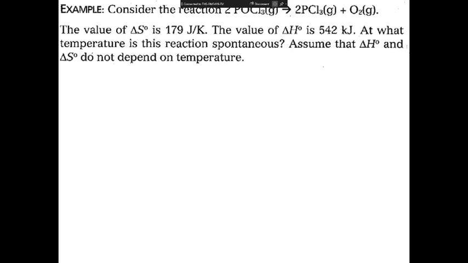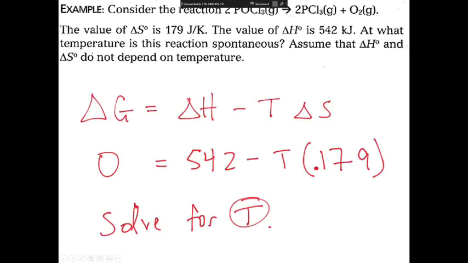We're looking at this reaction. Let me take the little thing off the top of the page here. There we go. So looking at this reaction, 2POCl3 yields 2PCl3 plus O2. I can look at this reaction and know it has a positive delta S even before I look at the numbers.